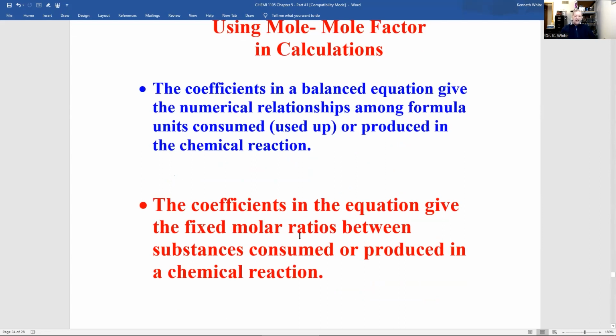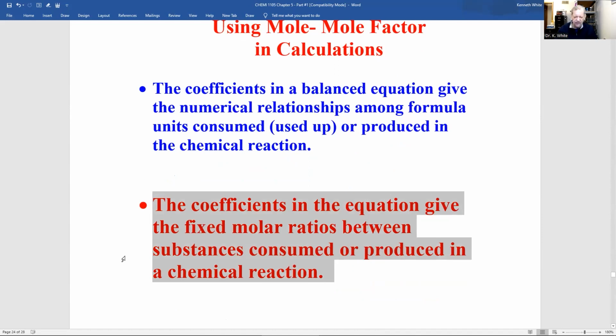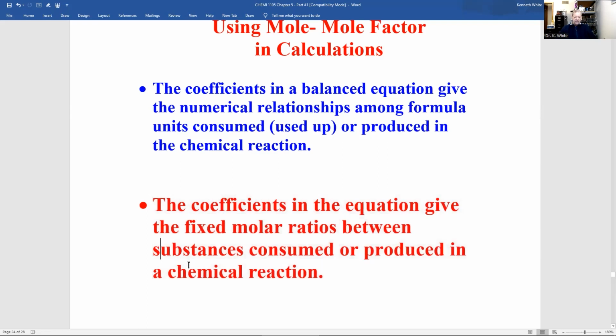Now, better way of saying that, and this is really important, the coefficients in an equation give fixed molar ratios between substances consumed, meaning the starting materials reacting, and or produced in a chemical reaction.